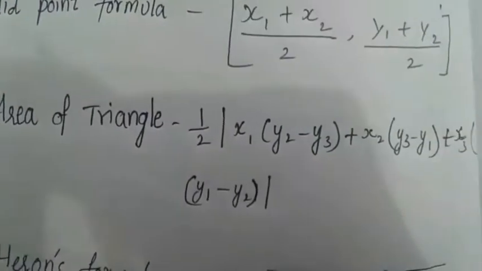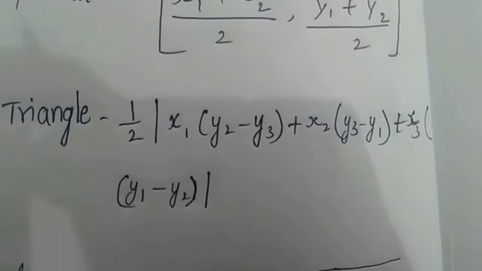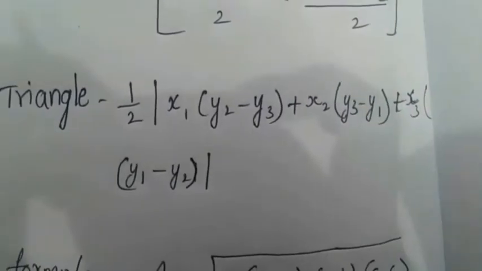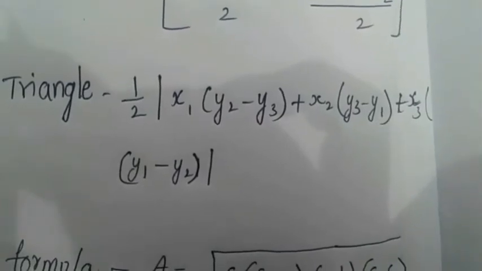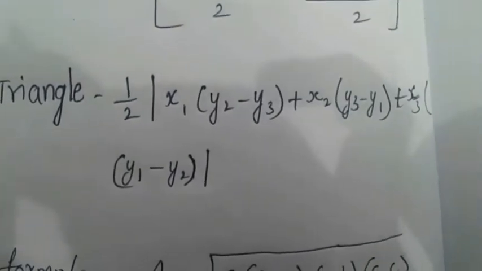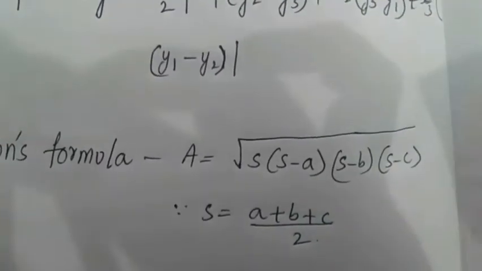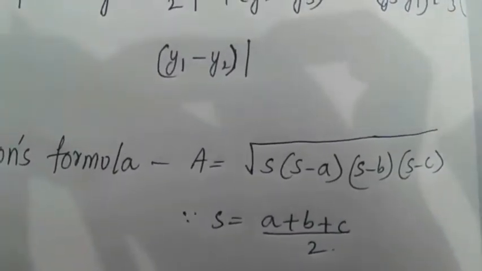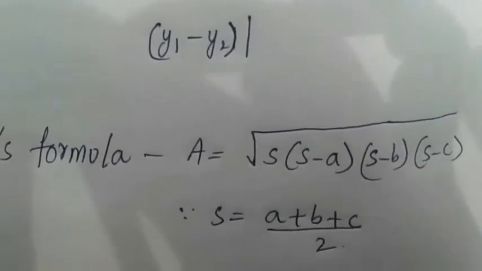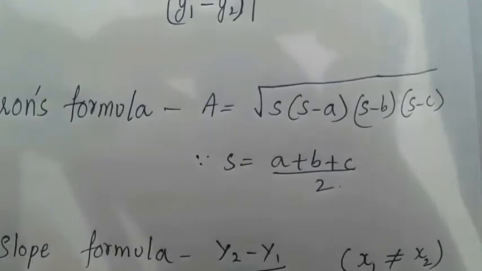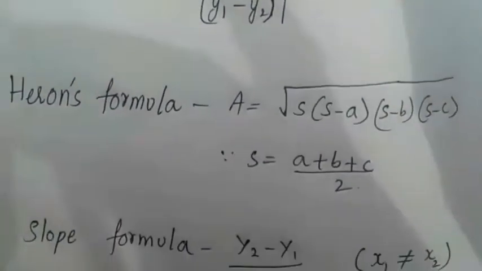Then we have the area of a triangle: 1 by 2 into x1 into (y2 minus y3) plus x2 into (y3 minus y1) plus x3 into (y1 minus y2). Then we have Heron's formula, where area is equal to under root of s into (s minus a) into (s minus b) into (s minus c), where s is equal to (a plus b plus c) by 2, where a, b, c are the sides of a triangle.